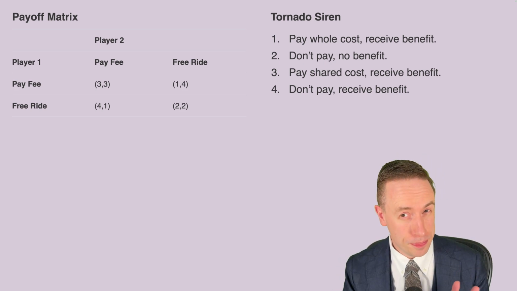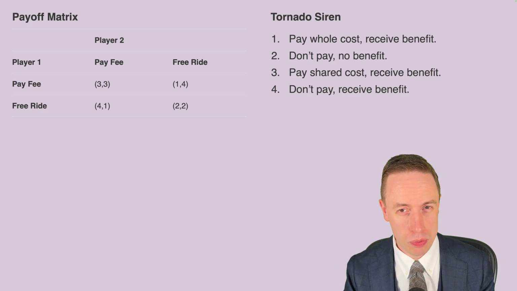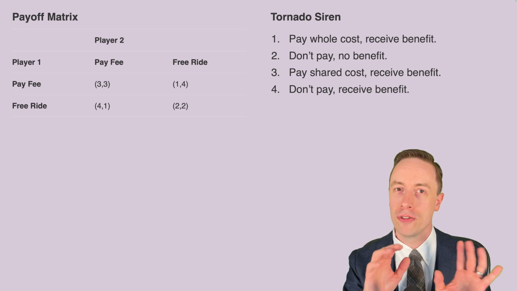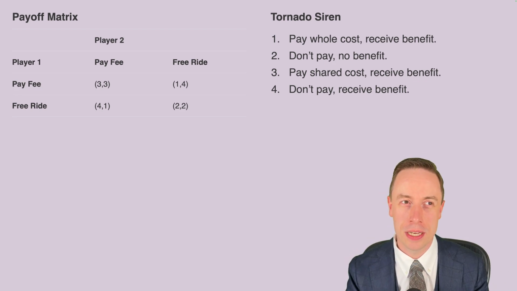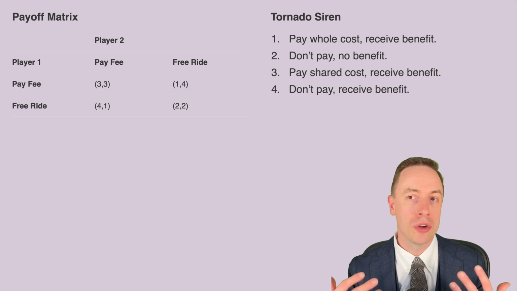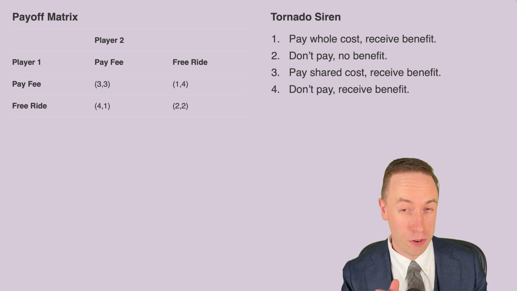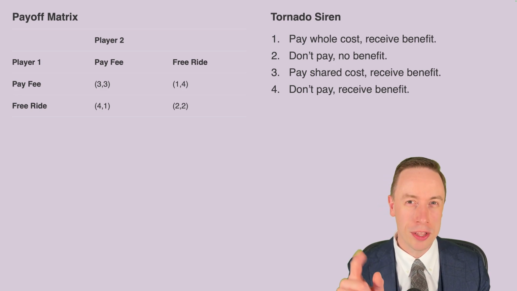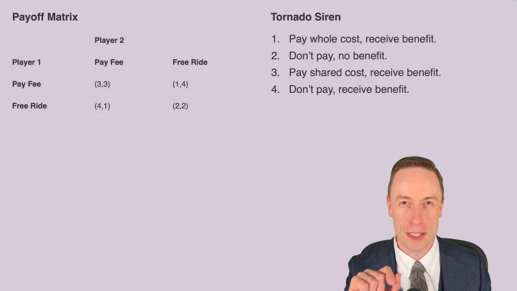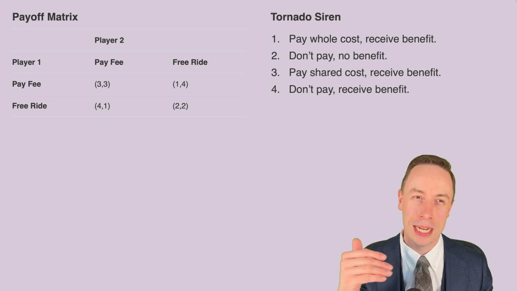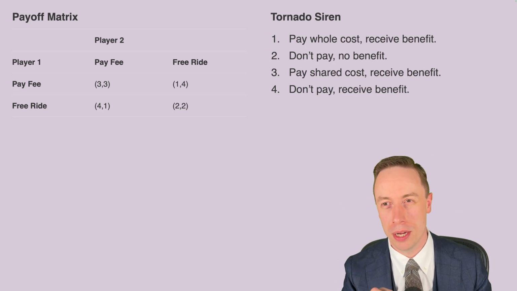But really, public goods are situations where we can have thousands or millions of people sharing a product. So imagine for a second that we were doing fancier math with 100,000 people living in a city talking about a tornado siren. The worst possible outcome for you would be you are the chosen one that has to pay for the entire tornado siren for the entire city. Nobody else contributes, right? So that's why we rank that all the way at the bottom.